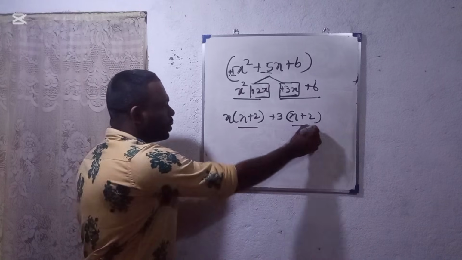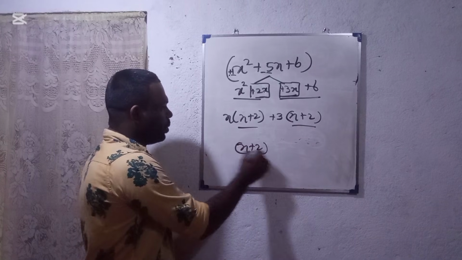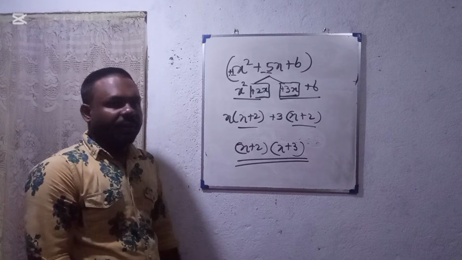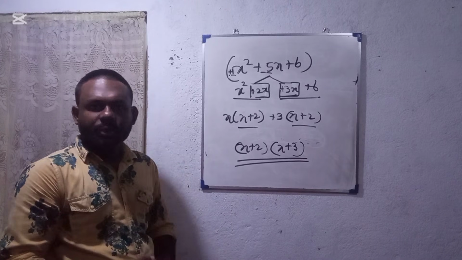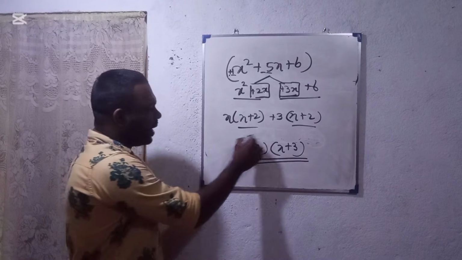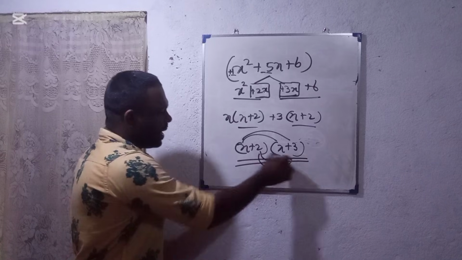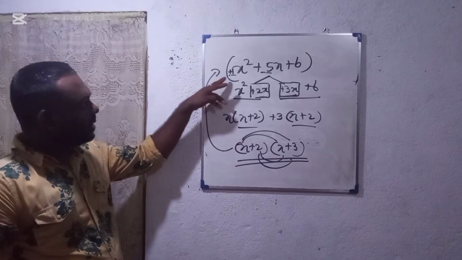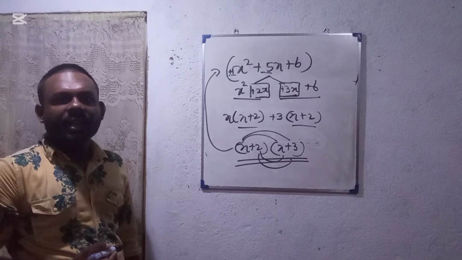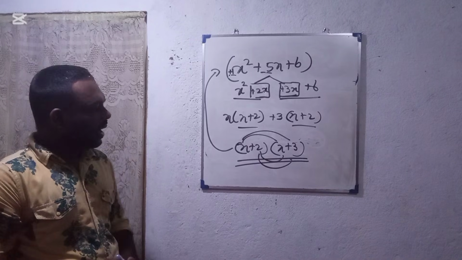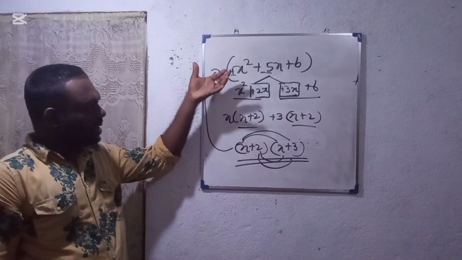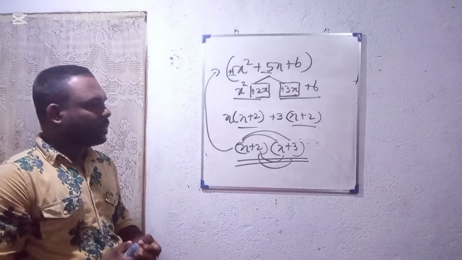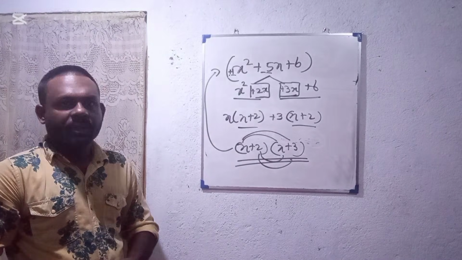Then this one is also common, x plus 2. The factors are x plus 2 and x plus 3. If you are not sure, use the rainbow method and trace back to check whether it gives the initial expression. This is the way we factorize a quadratic expression by using R1 and R2.